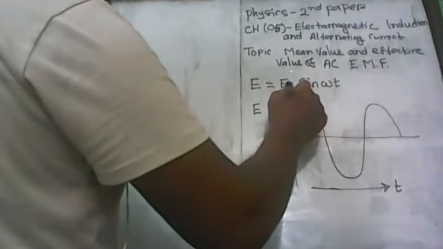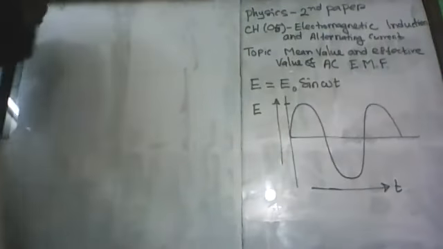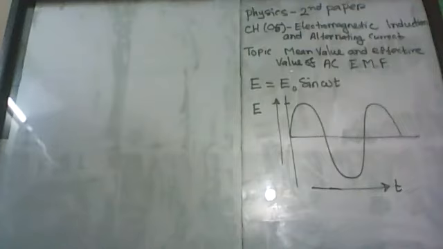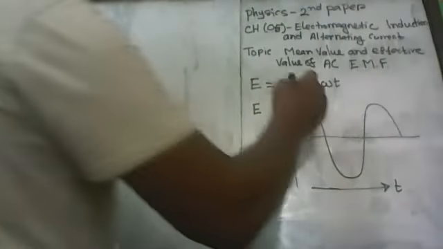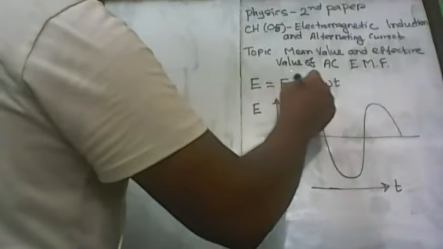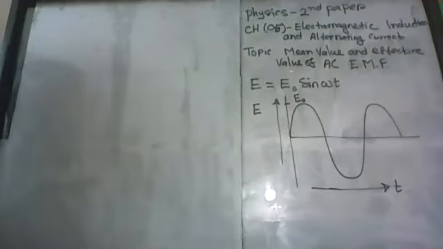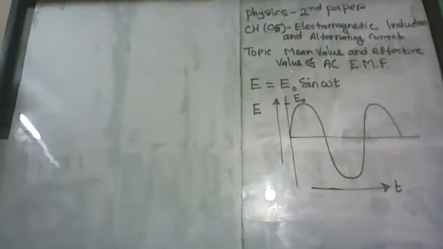The maximum value or peak value of AC electromotive force is E0.